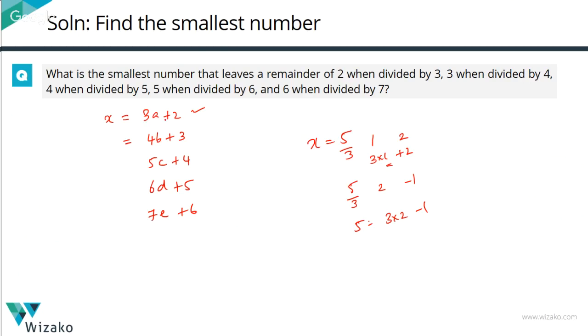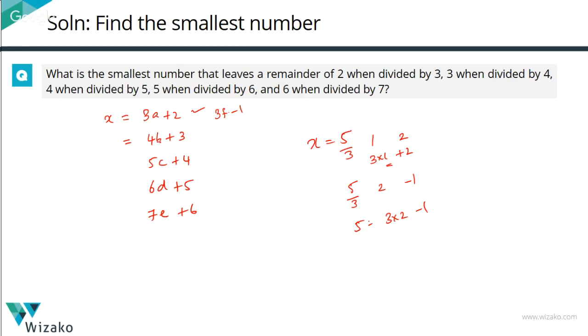So can we say 3a plus 2 as a remainder? This is a multiple. If I had added one more to it, this number would have got divided by 3. 3a plus 2 plus 1 will certainly be divisible by 3. So this is nothing but 3f minus 1. Similarly, look at this. This number when divided by 4 leaves you a remainder of 3.